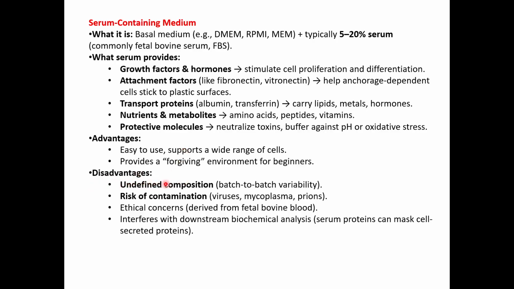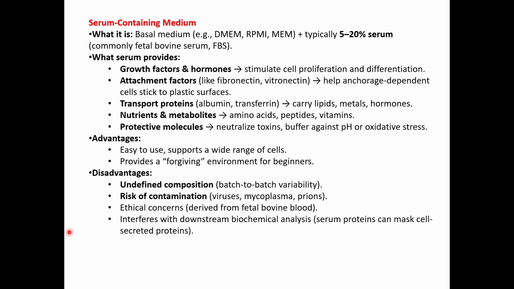Then the disadvantage is its undefined composition. So like I said, we do not know in every batch of serum what all the components present are, because every batch comes from a different animal, and every batch is produced at a different time. The extraction and the source is not always a constant, defined source.